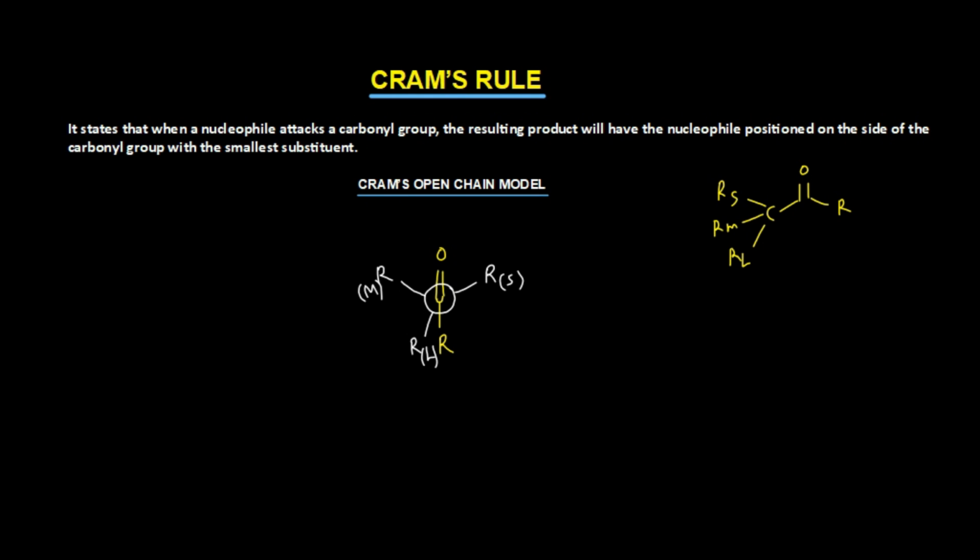You are viewing this molecule from this particular direction. This is your front carbon, the oxygen connected with it, and the R here. That carbon is the rear carbon, which I have shown with the circle, and then this is your RS, this is your RM, and this is your RL. So this is the Newman projection formula for this compound. I hope this is quite clear to you, right?